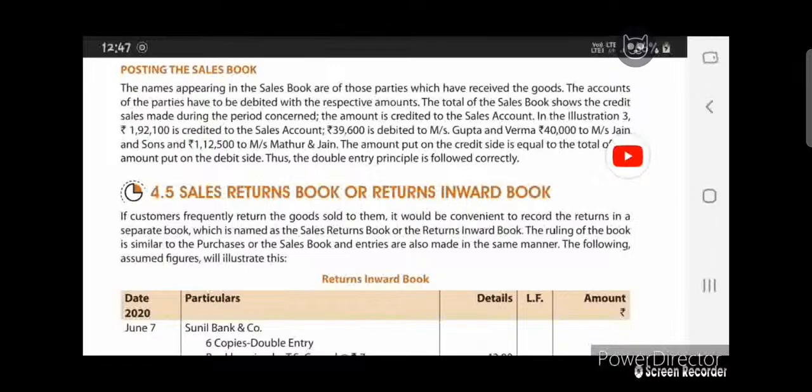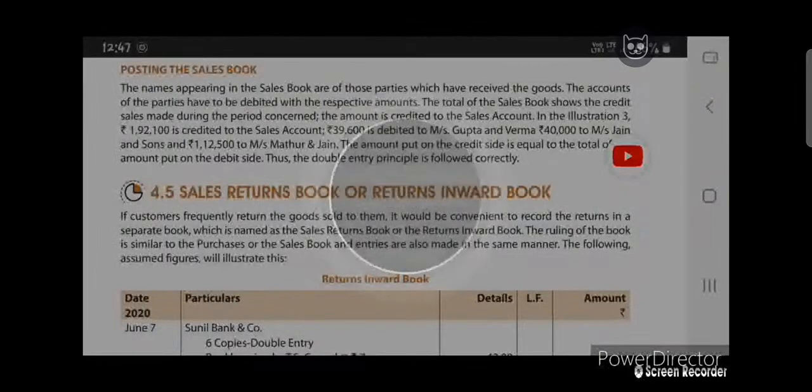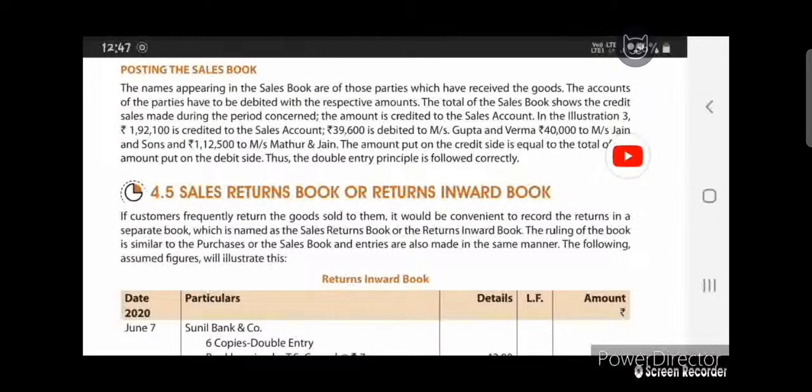To the sales account, 1,92,000 rupees has come, and 39,600 rupees is debited to Mr. Gupta and Verma's account, 40,000 to Mr. Jain and Sons, and 1,12,500 to Mr. Mathur and Jain. These are the amounts you have to put on the debit side, and they equal the total of the amount put on the credit side.